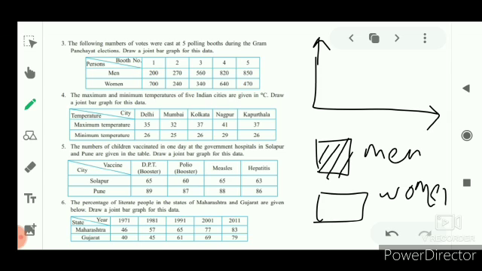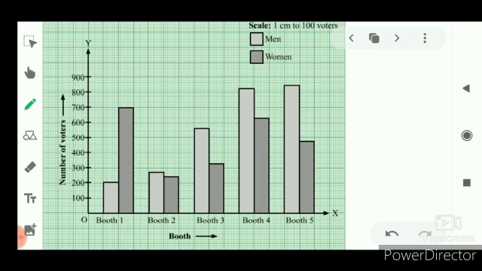Here we can take the booth numbers 1, 2, 3, 4, 5, and here we can take the votes 100, 200, 300 and so on. So first of all, make the graph for men and then join the graph for women in that graph. See this.